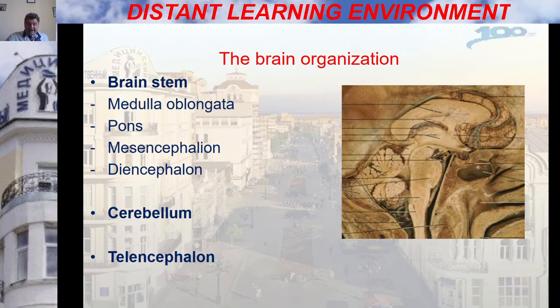By means of these apertures, the fourth ventricle communicates with the subarachnoid space of the brain, as a result of which the cerebrospinal fluid from the cerebral ventricles enters the intermeningeal spaces.